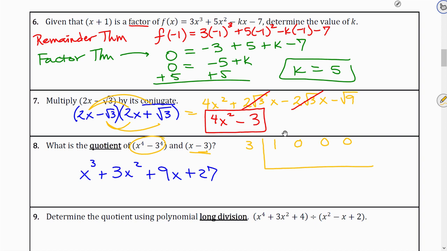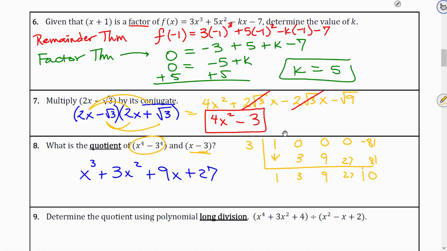Just double checking myself, that's 81. So I'll do synthetic division. Bring the 1 down. 3 times 1 is 3. I add down. 3 times 3 is 9. I add down. 3 times 9 is 27. I add down. 3 times 27, sorry, it's minus 81, is a positive 81, which adds to 0.